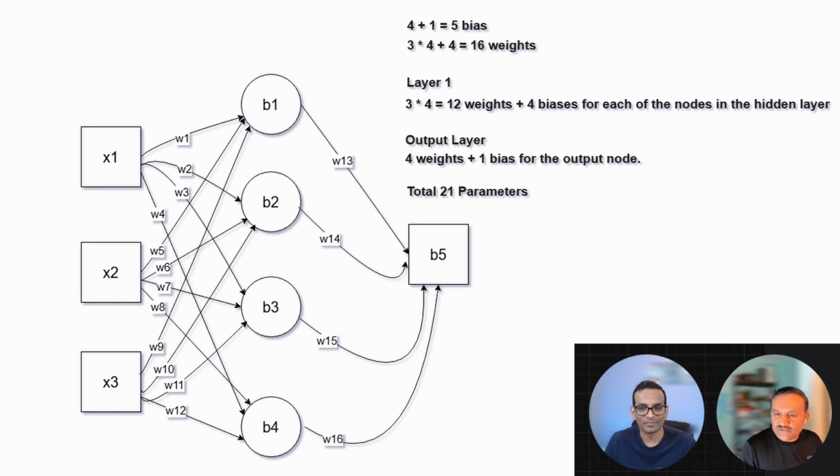I'll share this image also with you, but there are w1, w2, w3, w4 going from x1, w5, w6, w7, w8 going from x2 to the hidden layer, and so on. So in total there are around 16 of these weights, and there are biases 1, 2, 3, 4 and 5. So 16 plus 5 is 21, right? So you have 21 total parameters for the simple model.